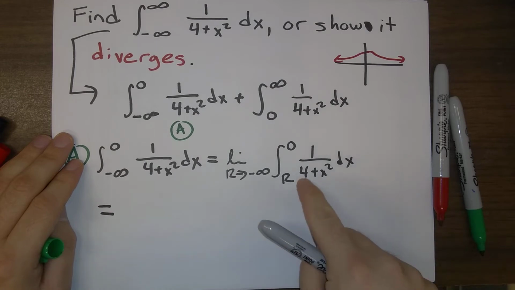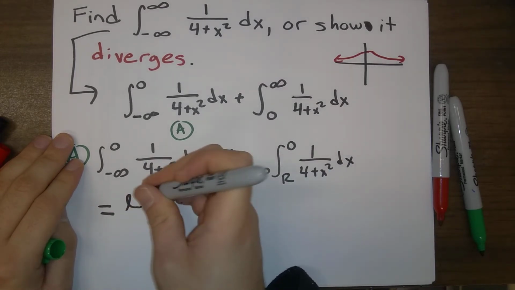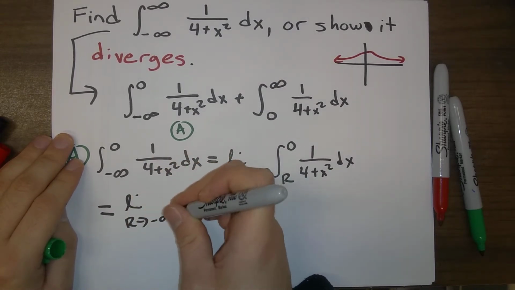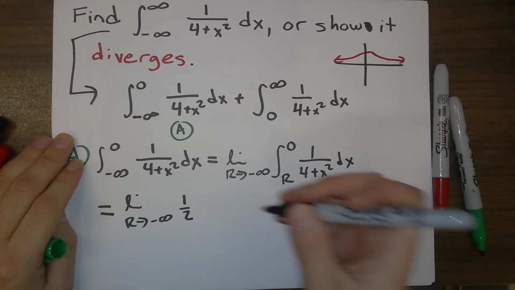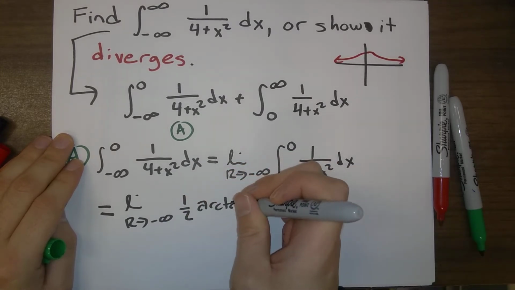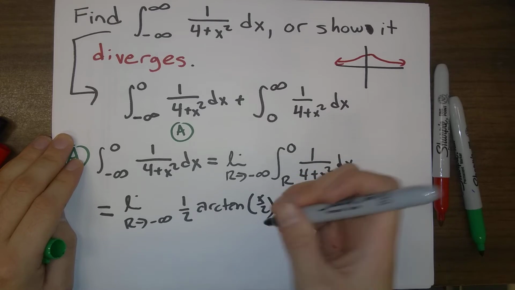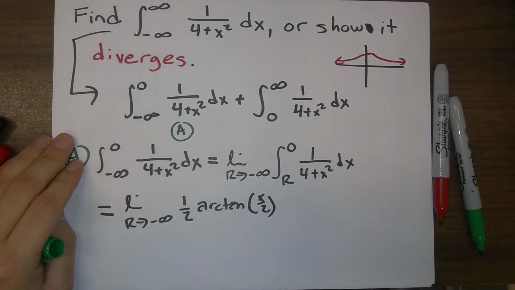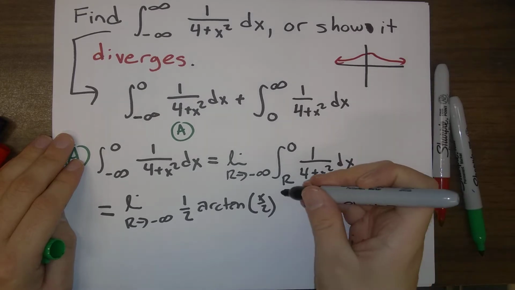It's going to be 1/2 times arctangent of x over 2, because that 4 is a 2 squared, so that's where that 2 and that 2 are coming from.